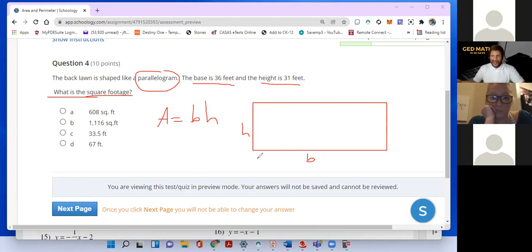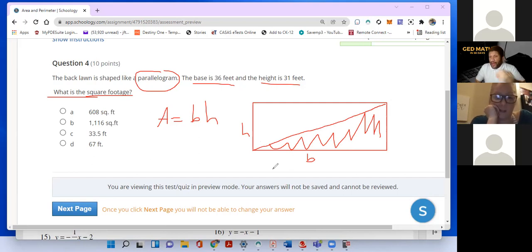Base times height, right? Perfect. If I draw a diagonal straight through and I want to know the area of this triangle, what portion of this rectangle is it? A fraction. Right, a half. So look at this: the area of a rectangle is length times width, which could be thought of as base times height.